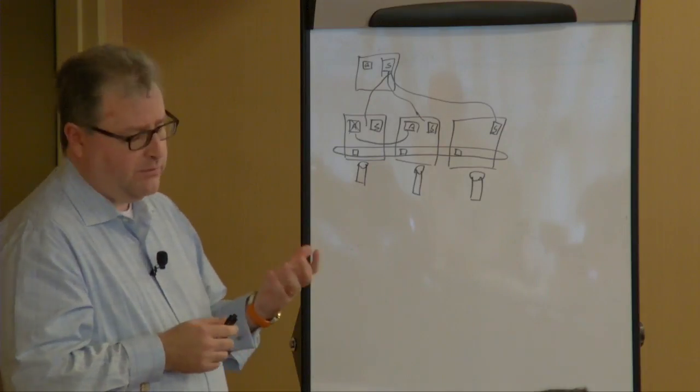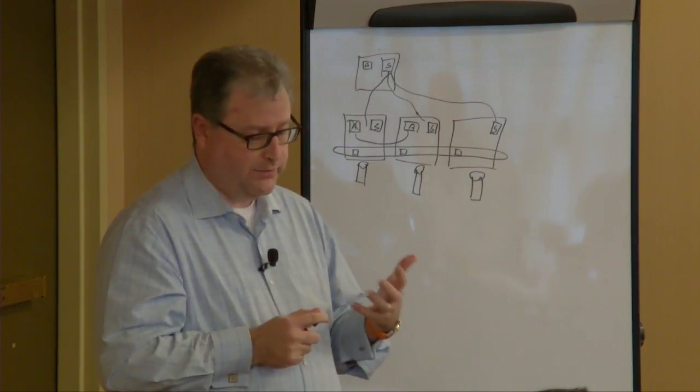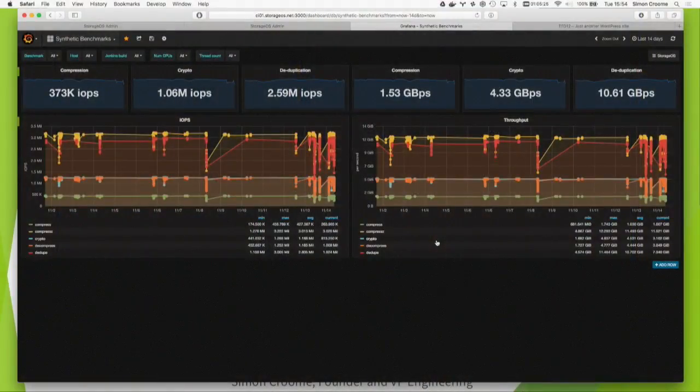One of the things we're really proud of is that we've spent a lot of time optimizing each of the different modules in the data plane, whether they're compression or encryption or deduplication, to utilize all of the latest features in the processors, the acceleration features available in each of the processors.